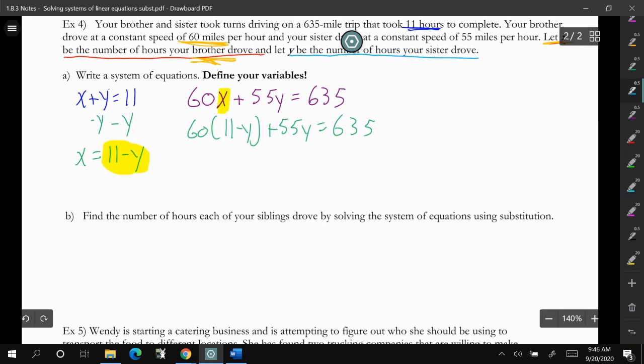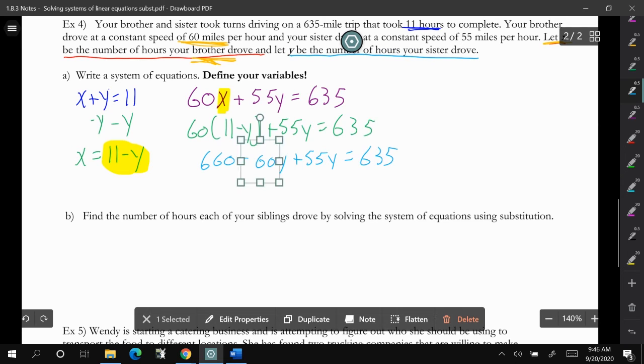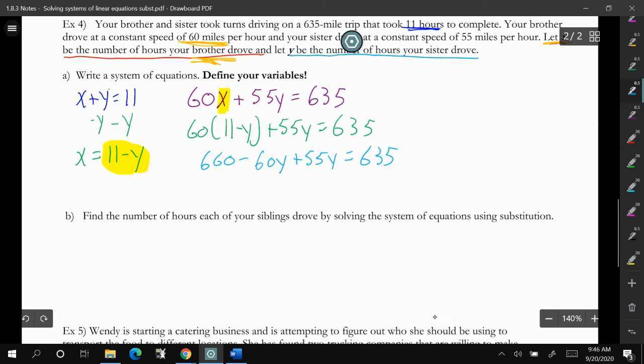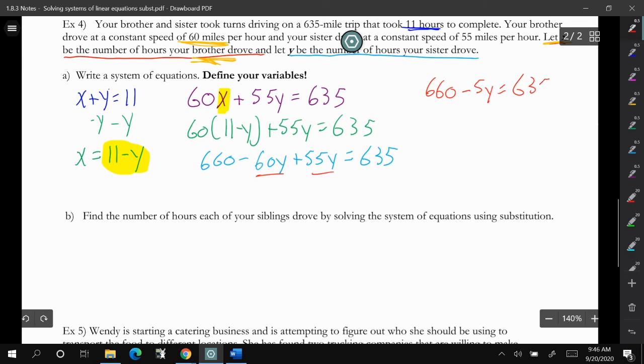We'll distribute that 60, so we get 660 minus 60y plus 55y equals 635. We'll combine our like terms, so we get 660 minus 5y equals 635.